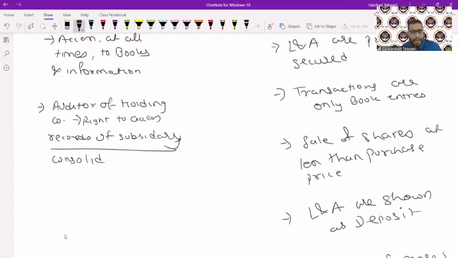So if any detail is required from the subsidiary company or associate company for the purpose of consolidation, then only the auditor can access the books and accounts of the holding or subsidiary company.